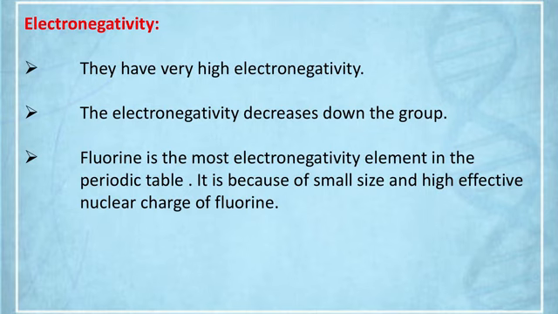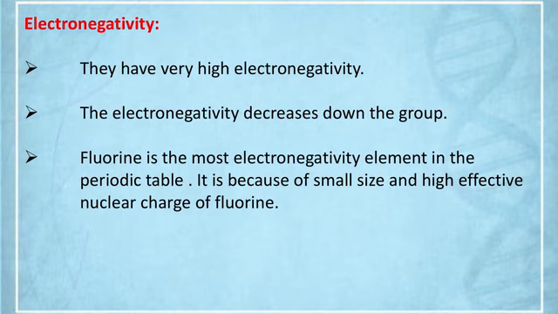Let's move to the next physical property, electronegativity. Once again, halogens are the elements with the highest electronegativity. These elements possess high electronegativity, and fluorine is the element with the highest electronegativity here. Why does fluorine have the highest electronegativity? Can you answer this?